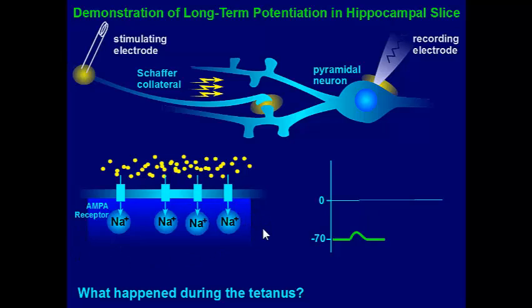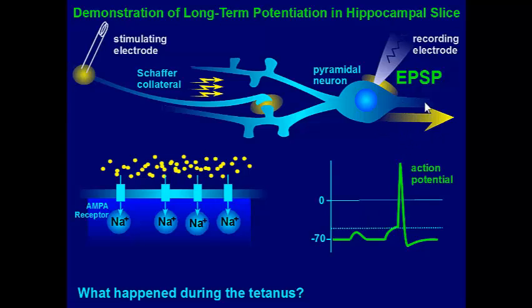A larger amount of sodium flows in, so the depolarization is stronger, stronger than an EPSP, and in this case it's actually reached what's called threshold, and at threshold the depolarization here activates so-called voltage operated channels here in the cell body, and this generates an action potential.